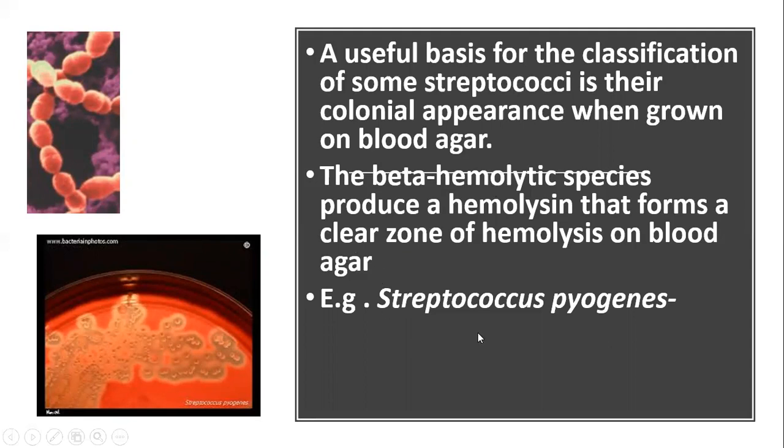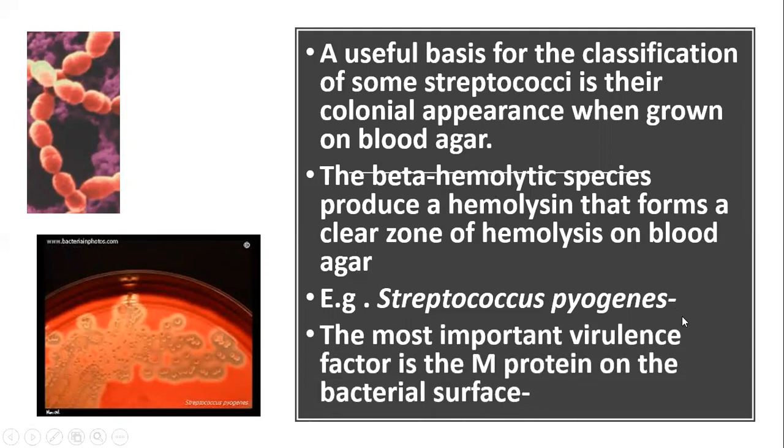Those colonies giving you the clear zone of hemolysis will be Streptococcus pyogenes. Streptococcus pyogenes is very important in that this organism causes severe infections. It is also known as flesh-eating bacteria because it causes massive destruction in your tissues.